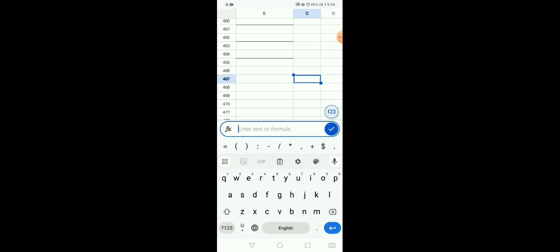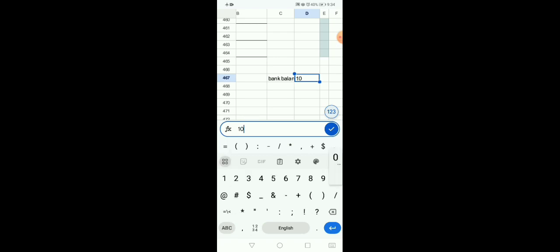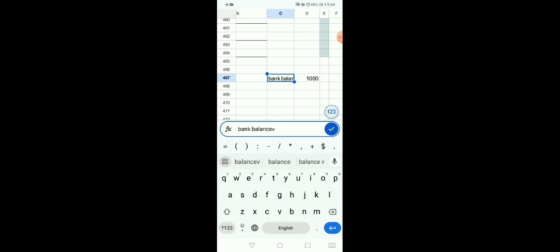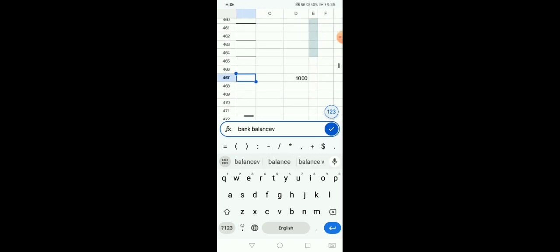Now for this we have to understand what an overdraft is. Suppose you have your bank account and your bank balance is, let's say, 1000 rupees. Now you need to pay someone by check an amount which is more than 1000 rupees.